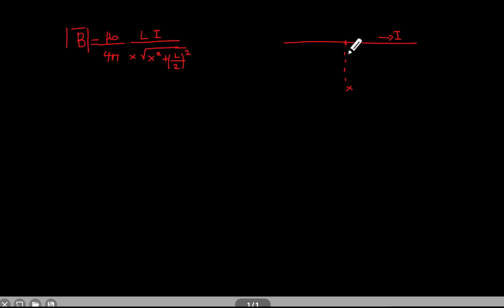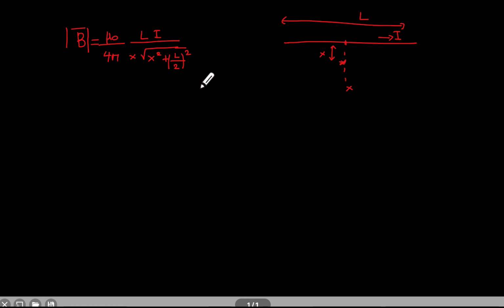If you do get very close to the wire, then the length of the wire will appear to be much greater than the distance. Let's say this is where your observation location is, then the length of the wire will appear to be much greater than the distance from the midpoint of the rod.